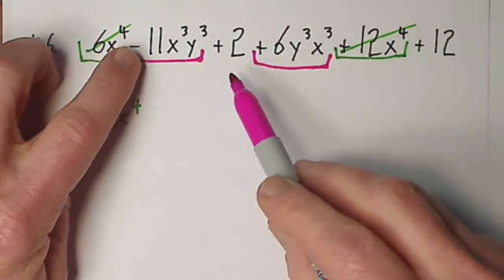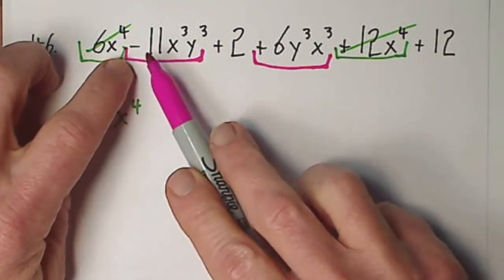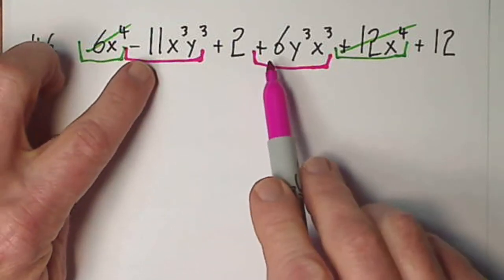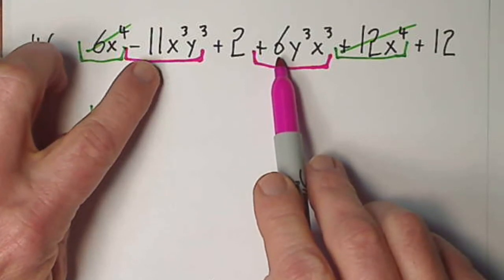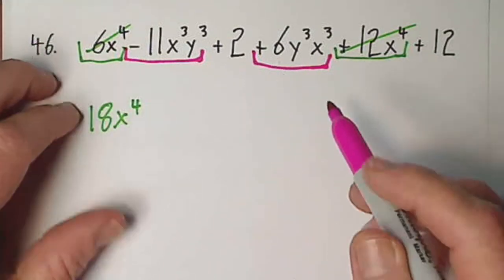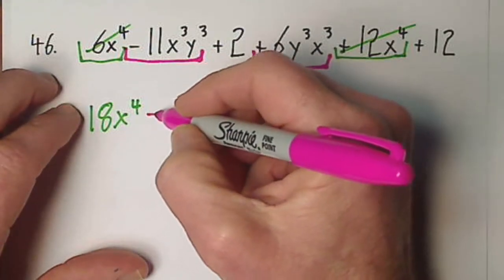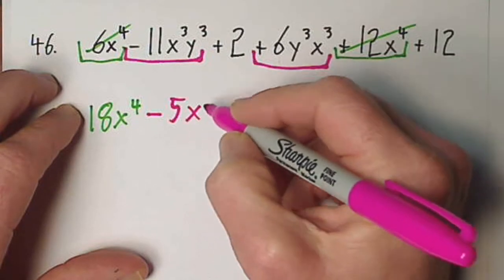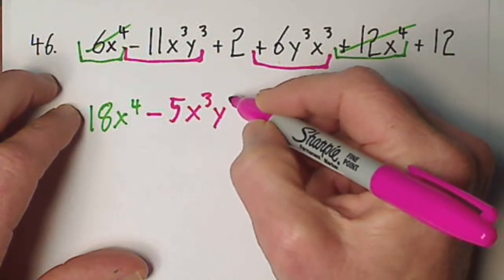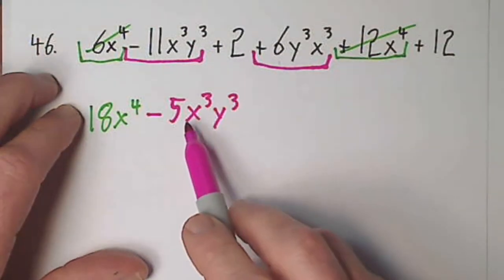So it's going to be negative because this is larger, and you basically just work with the coefficient of the term. So negative 11 and positive 6, that yields negative 5, and x to the third, y to the third just come along for the ride. And I just chose to put x first.